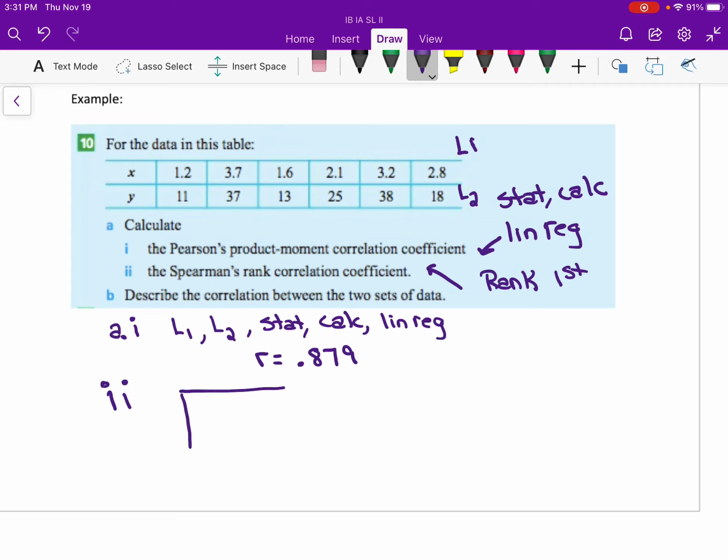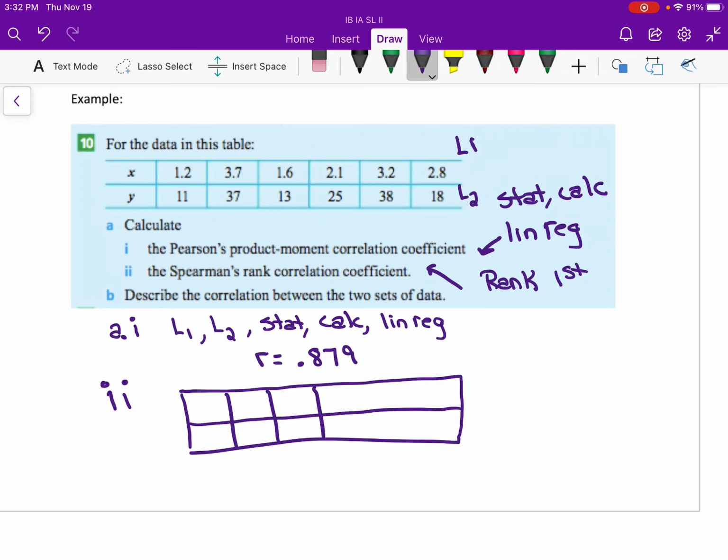And then this is part two. You need to rank all those things. All right. So we've got 1, 2, 3, 4, 5, 6. All right. So you're going smallest to biggest. This looks like the smallest. 1.6 looks like the next one. 2.1, 2.8, 3.2.